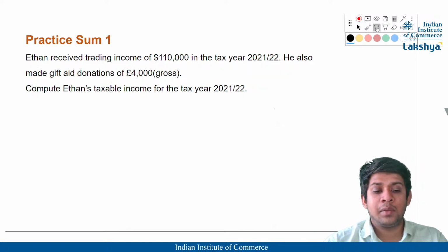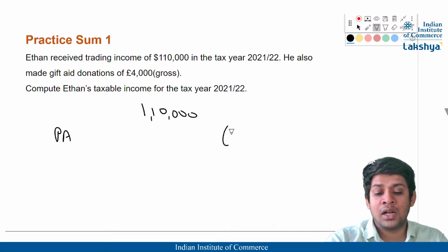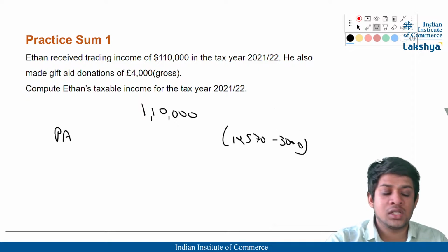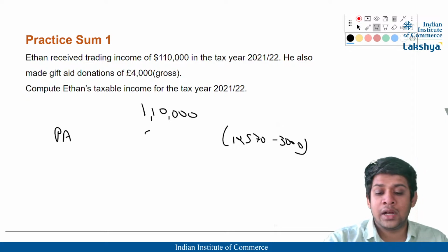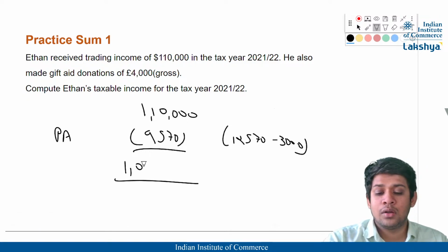So your income is 1,10,000. The PA that you will get is 12,570 minus 3,000, the reduction in PA. So you will get only 9,570 worth of PA, and your taxable income will be 1,10,000 minus 9,570, which gives you 1,00,430.